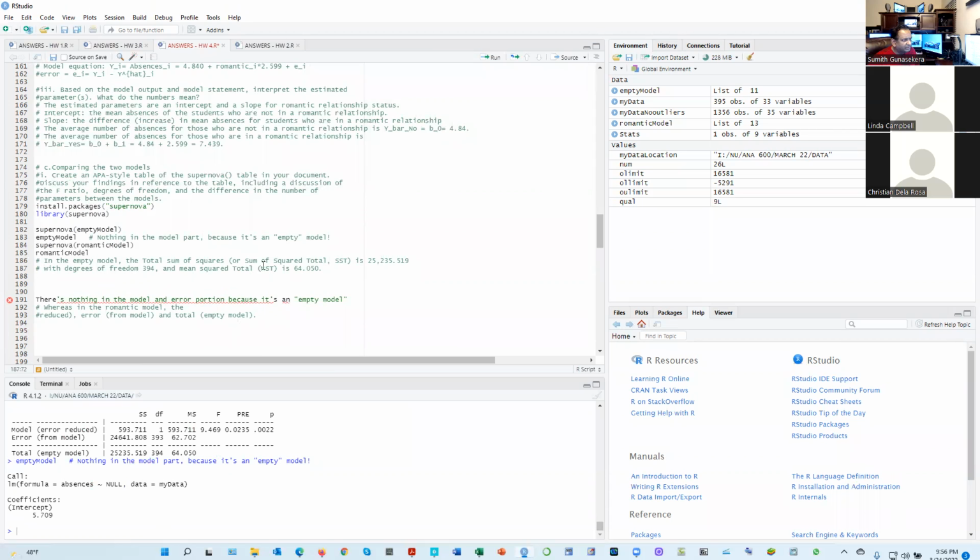You know how to get the mean square: sum of square divided by the degrees of freedom. That means this number, 235,519, has been divided by 394, which gives the mean square total.